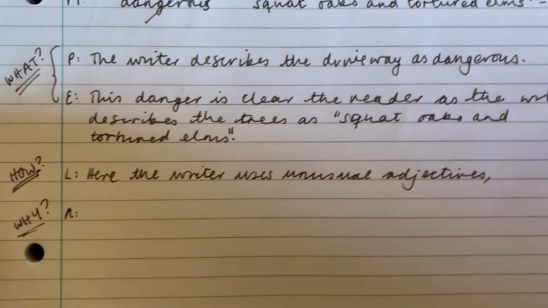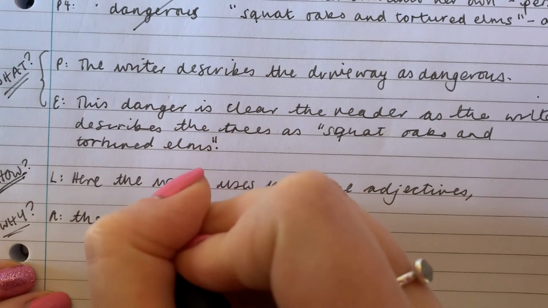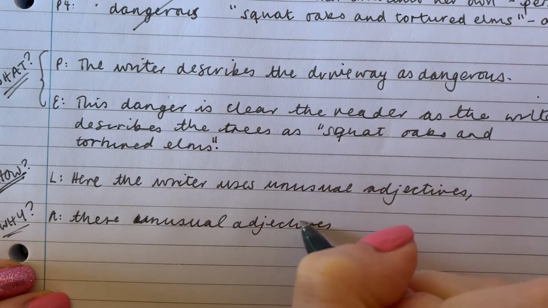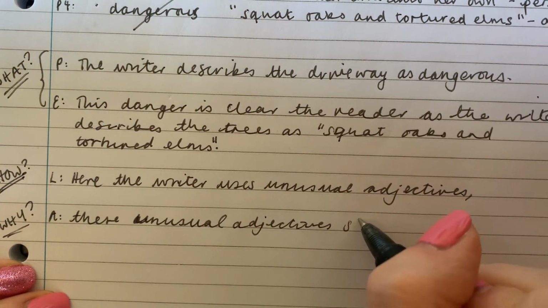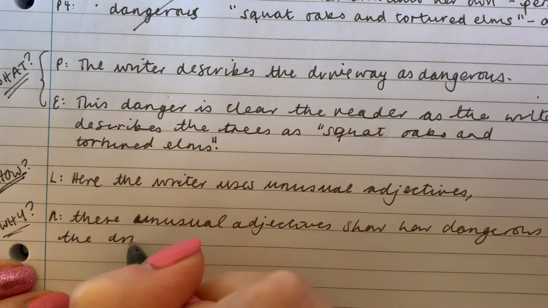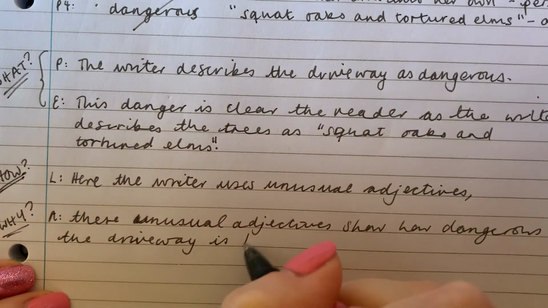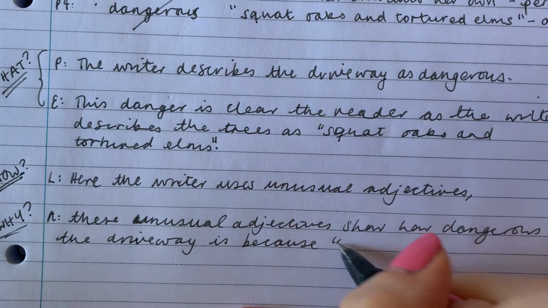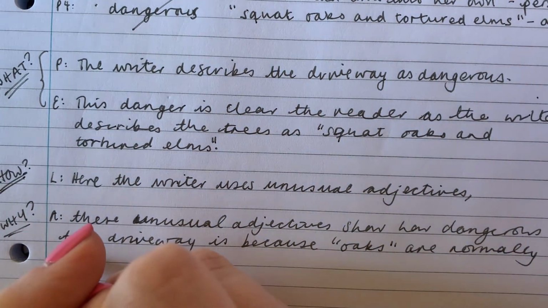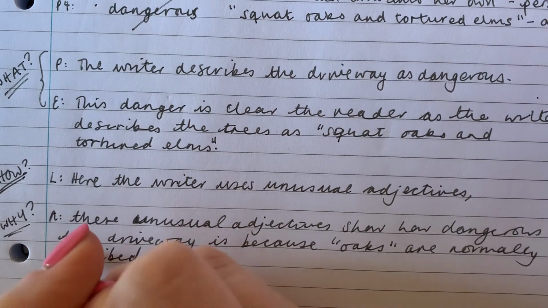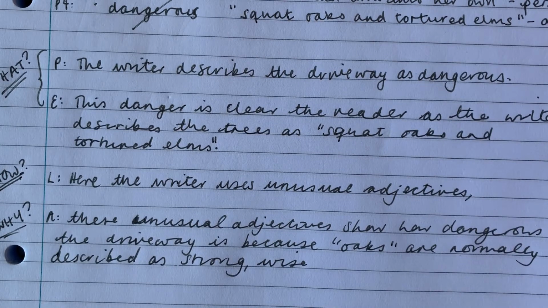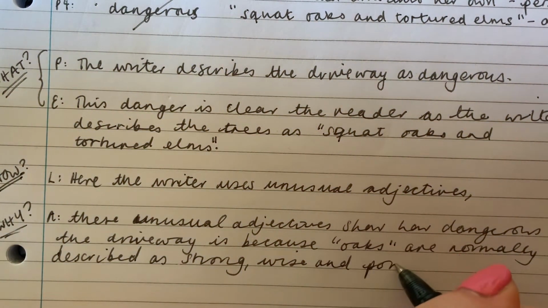Okay, so the writer uses unusual adjectives. These unusual adjectives show how dangerous the drive, or the driveway, is, because oaks are normally described as strong, wise, and quite powerful actually, and powerful symbols.